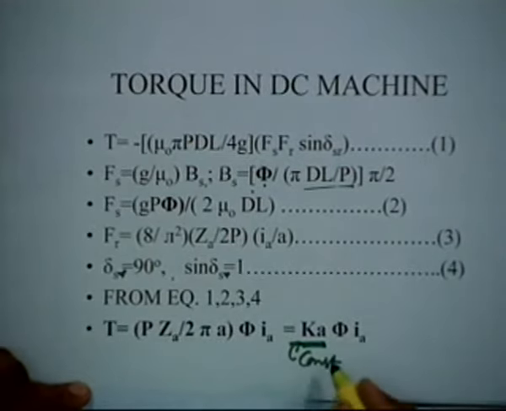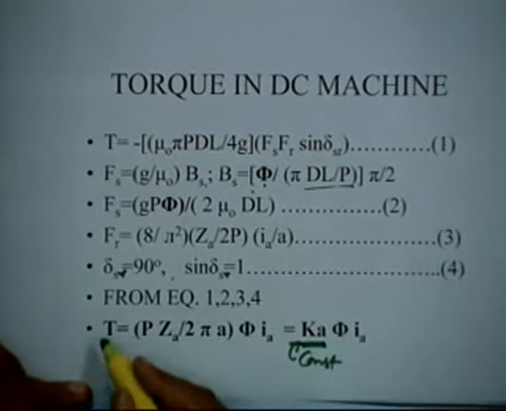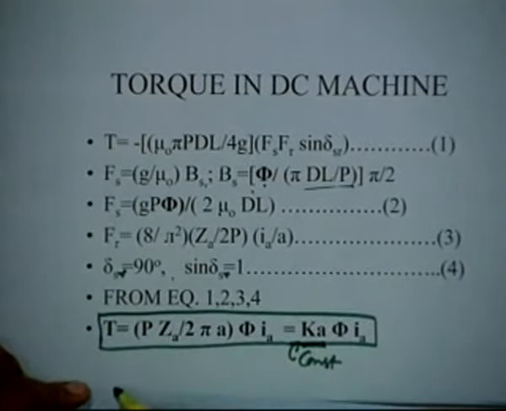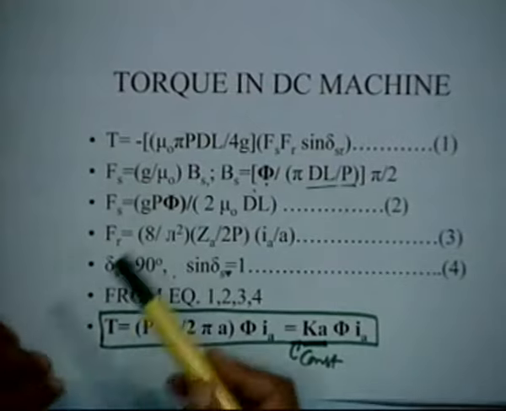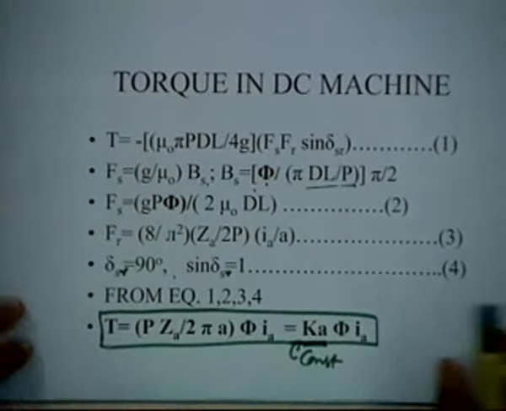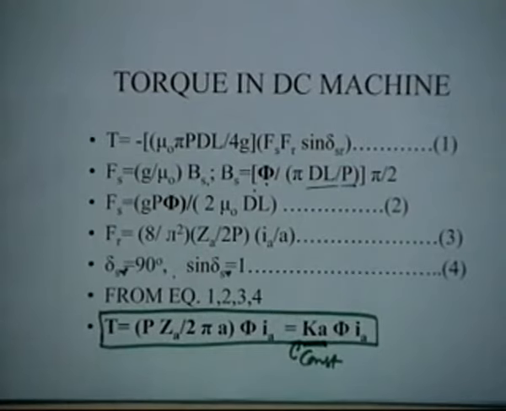So you can therefore get an expression for torque like this. Right? We now have, from the basic equation, the expression for torque. Now from this torque expression, what do we conclude? We conclude that torque is related to what?